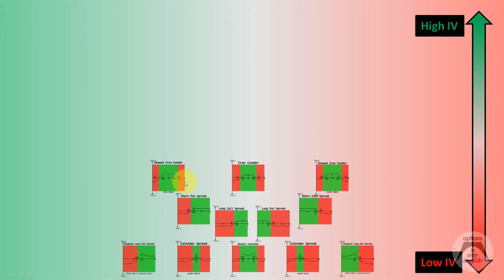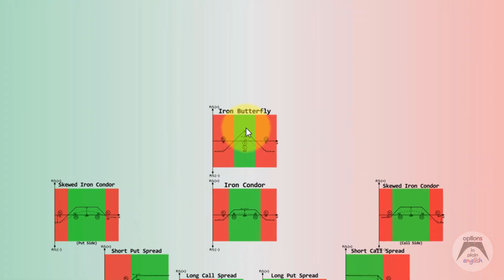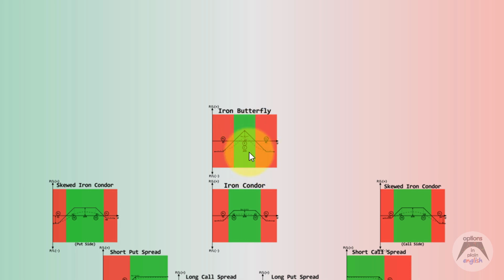Now, if we have a little bit more implied volatility, then we can go for an iron butterfly. The reason why we consider an iron fly or an iron butterfly instead of an iron condor, if we have a higher value of implied volatility, is because an iron fly is going to collect more premium and is going to have the short options right at the money.